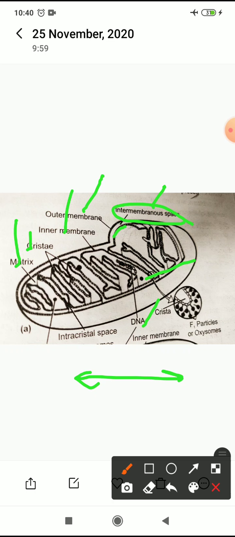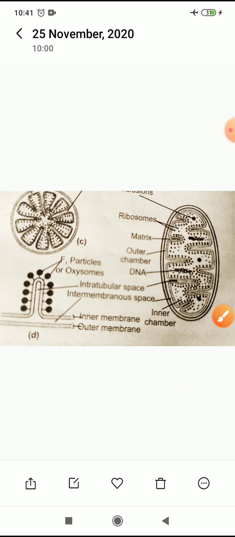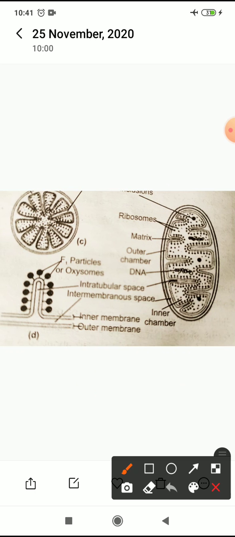These inner membrane particles, see here in this figure, consist of base piece, a stalk, and headpiece.